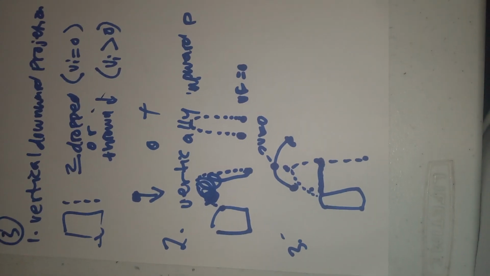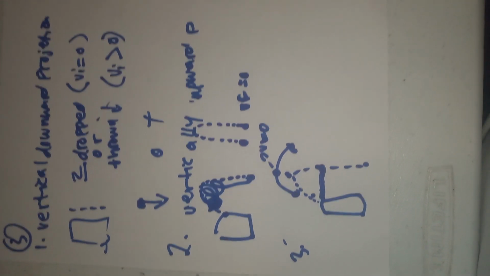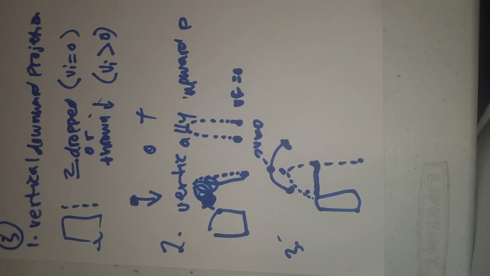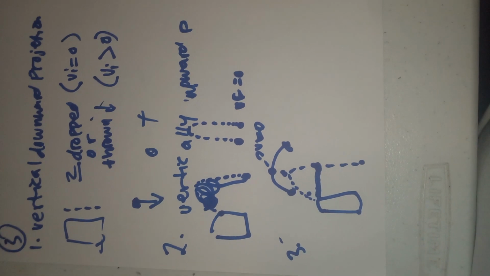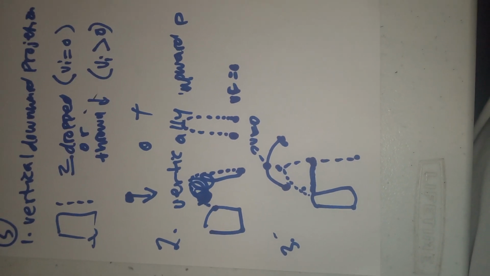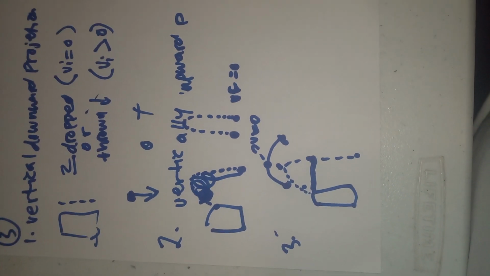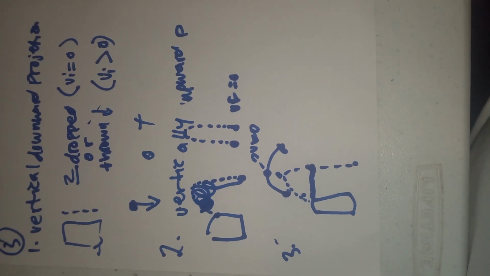Do not forget that when the object is dropped or falls from rest, the initial velocity is 0. Is it fine? That's how it is, guys. And then the velocity at the turning point is equal to 0. The velocity increases during downward free fall. Then the velocity at which it hits the ground has a maximum value.